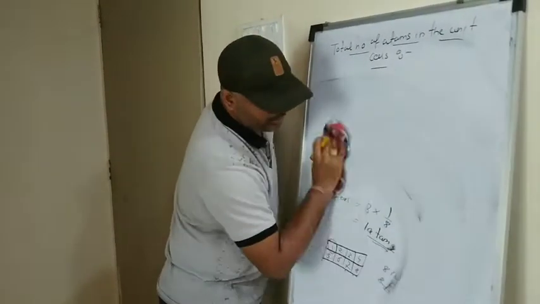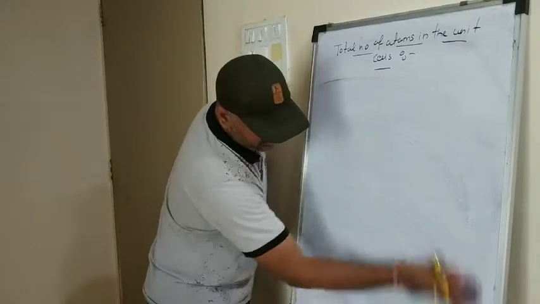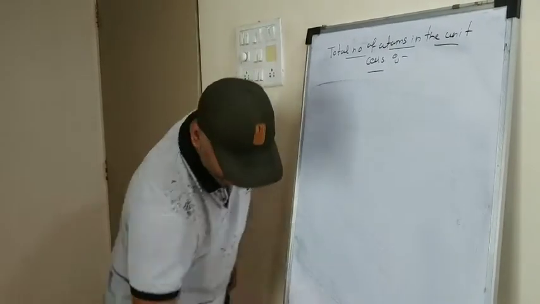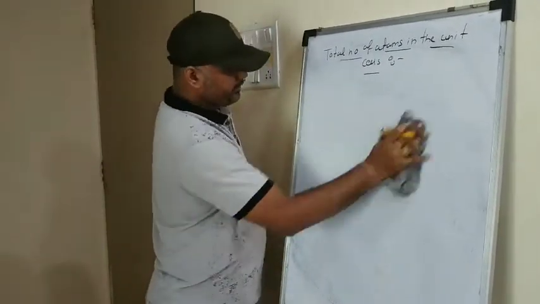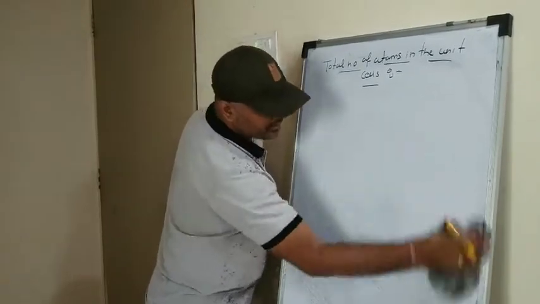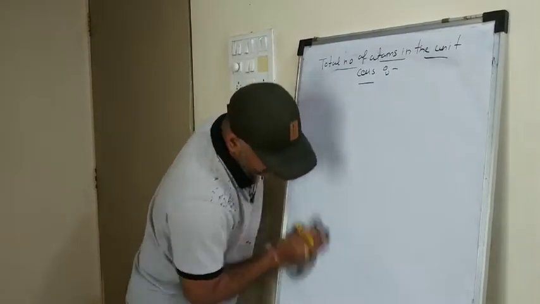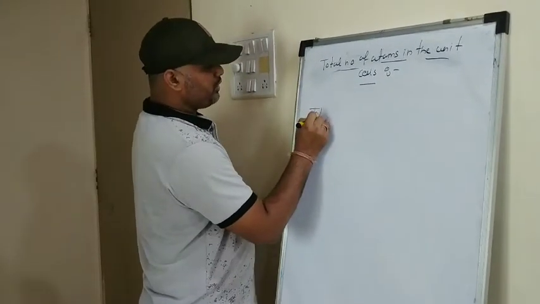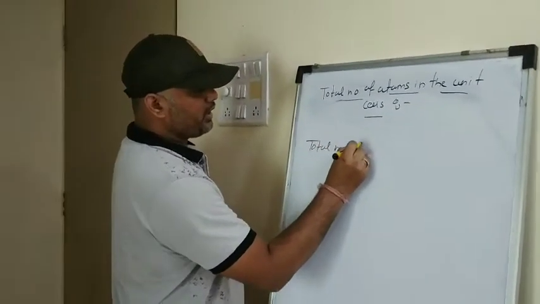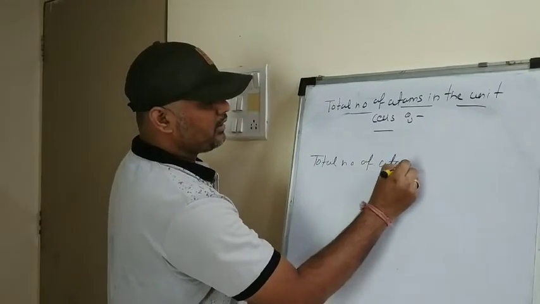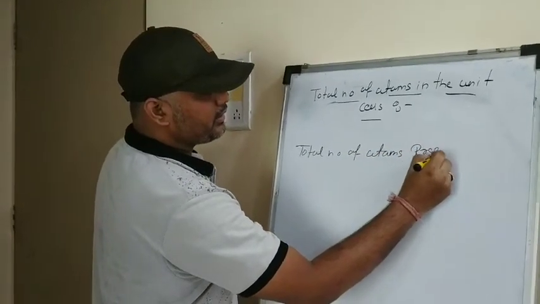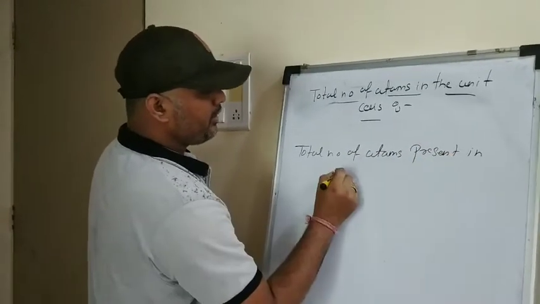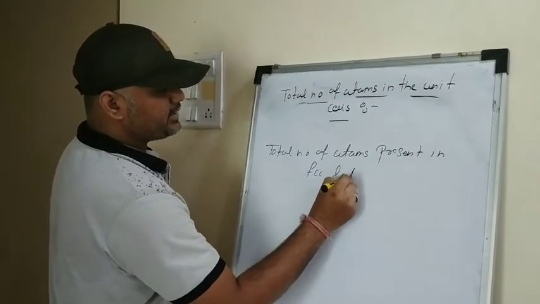Now calculate the total number of atoms. Give the heading: total number of atoms present in the face centered cubic cell, the FCC lattice.